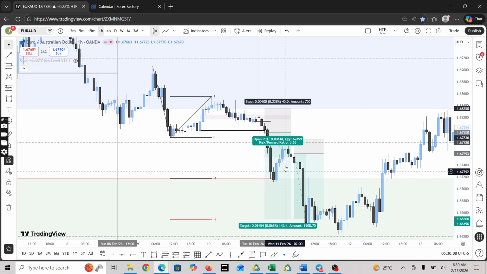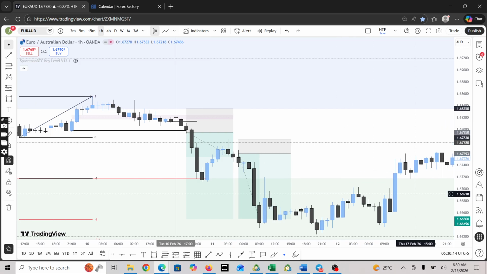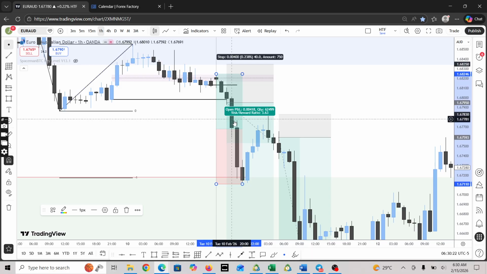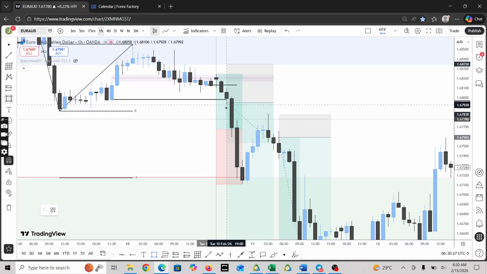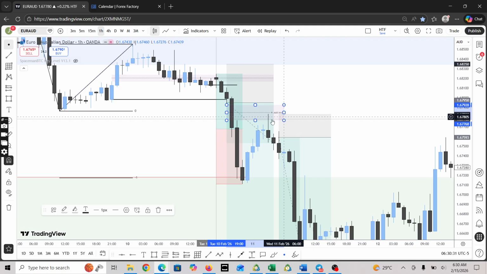So this was only a pullback for me. Plus, if I put a range here, you should see that we have an H1 FVG above the 50% of the trading range that has been created.